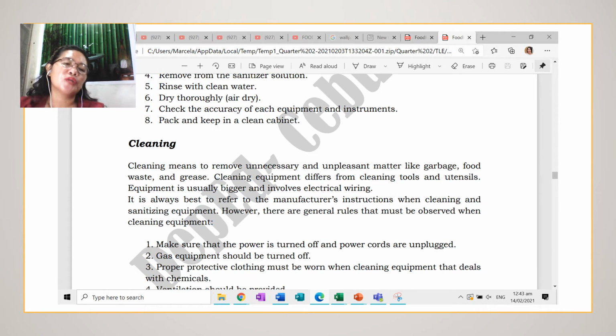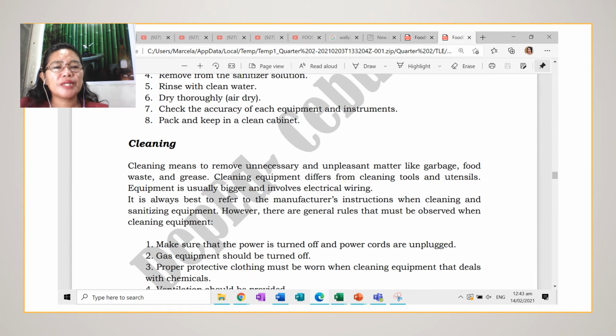Okay, so now let's proceed to cleaning. What is cleaning? Cleaning means to remove unnecessary and unpleasant matter like garbage, food wastes, and grease. Cleaning equipment differs from cleaning tools and utensils.